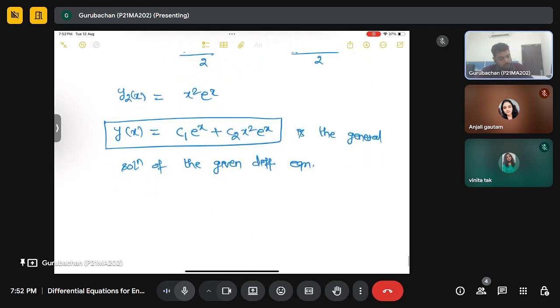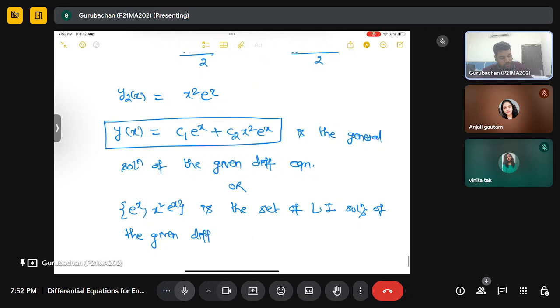Or in another way, e to the power x and x square e to the power x is the set of linearly independent solutions of the given differential equation.